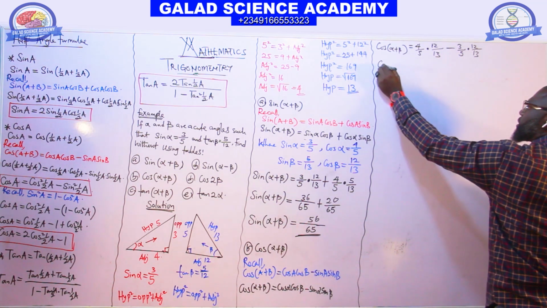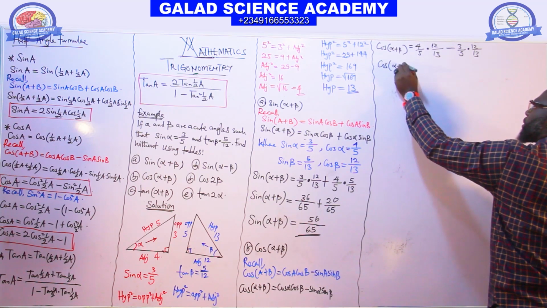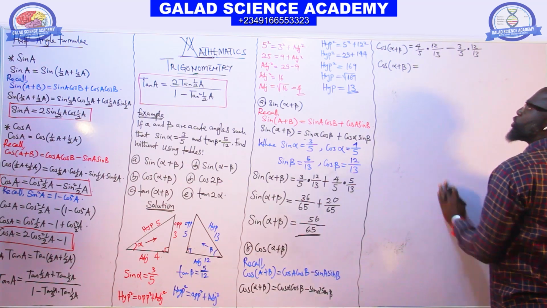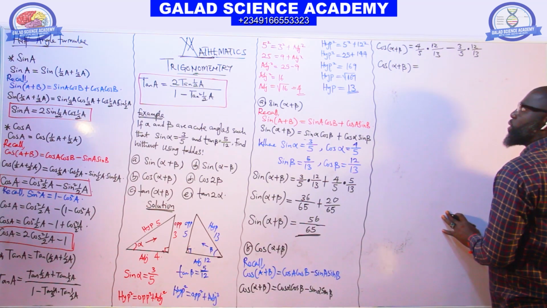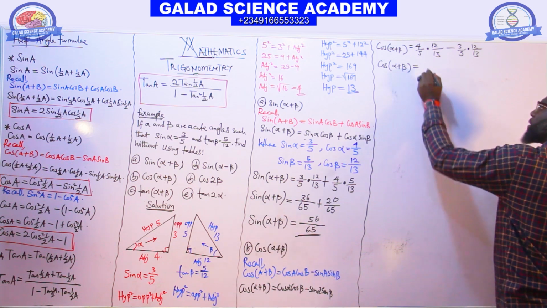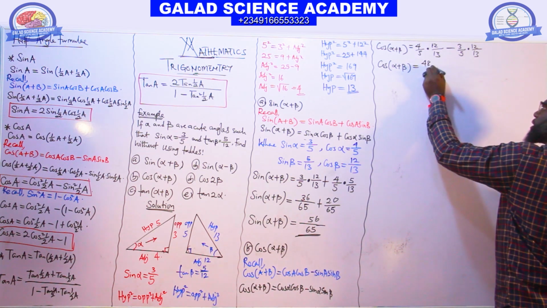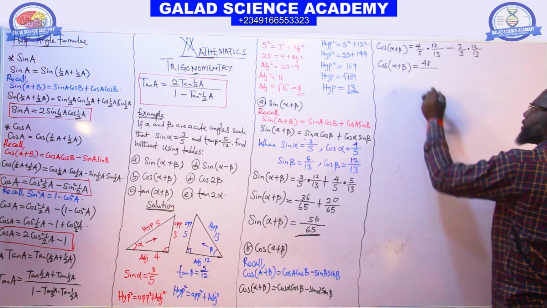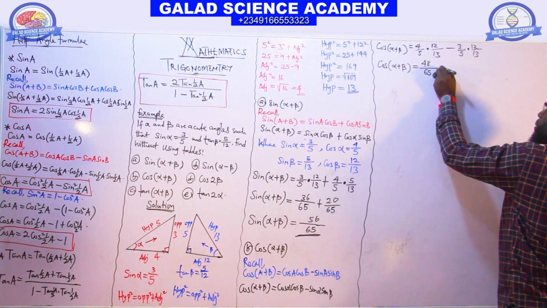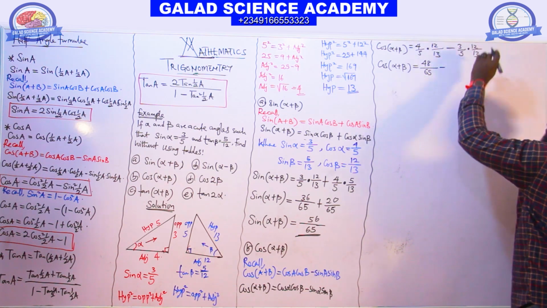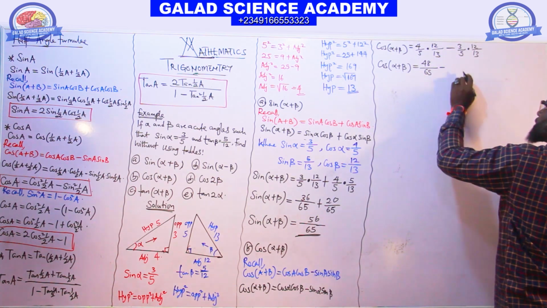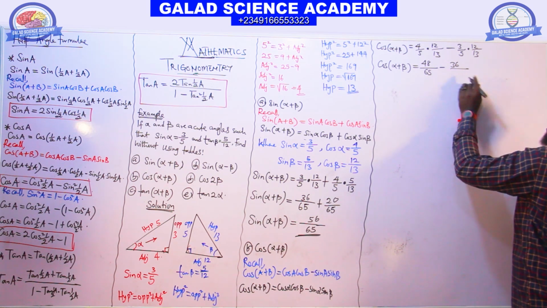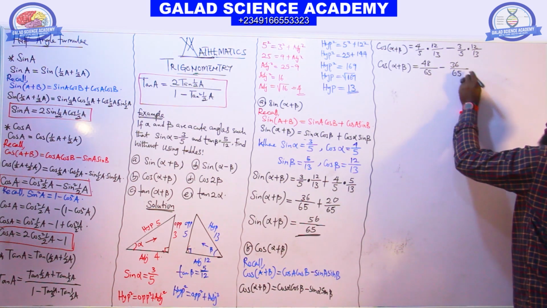You now have cos alpha plus beta equal to what? This times this: 12 times 4, 48. We have 48 over 65, minus 12 times 3, 36, over 65.